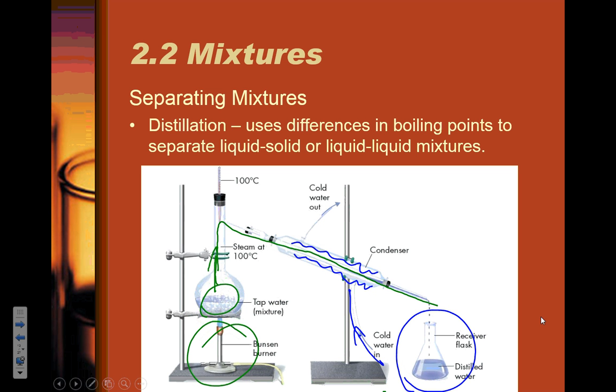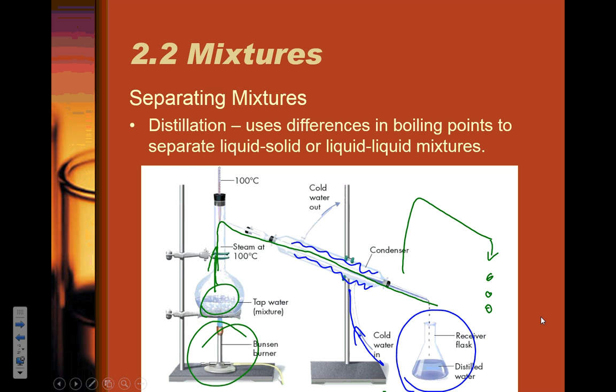So before we get to 100 degrees Celsius, once we get to the boiling point of the isopropyl alcohol, the rubbing alcohol is going to come through our condenser and then drip out the far side. Since the rubbing alcohol has a lower boiling point, it's going to come across first, leaving the water behind.